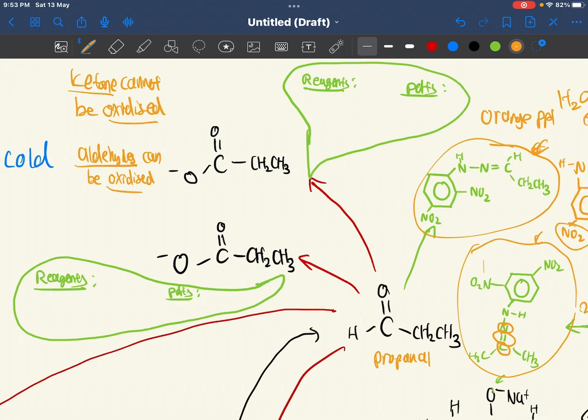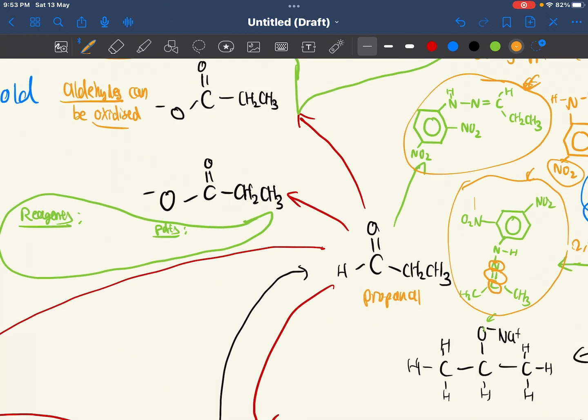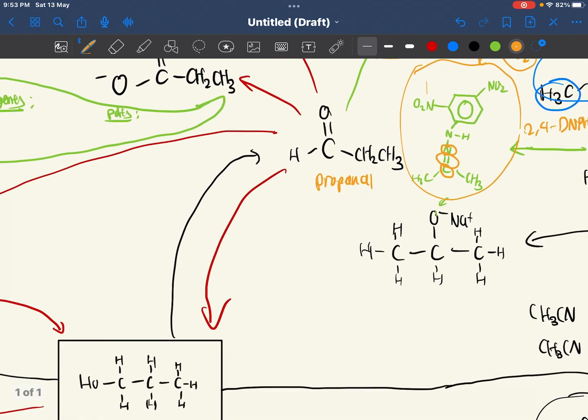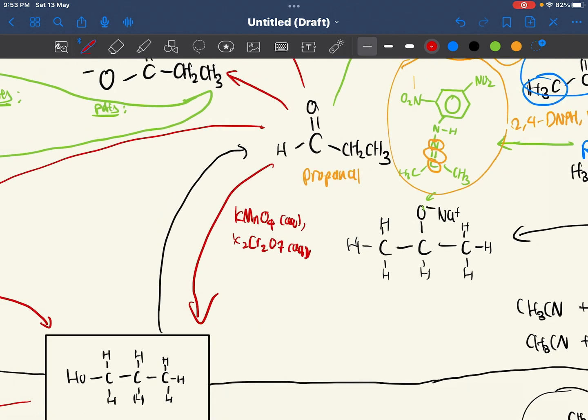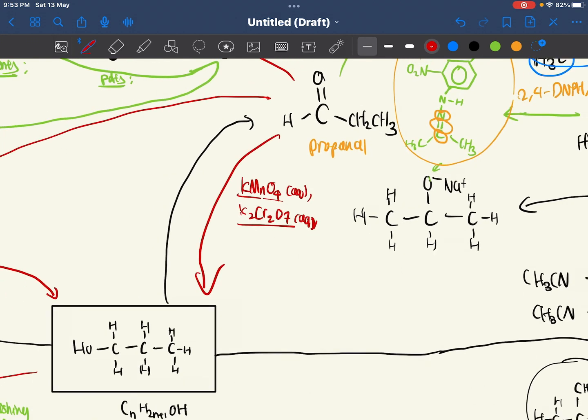So what are the various oxidation reactions actually? The first oxidation reaction is quite commonly known. It's just your typical oxidation reaction. You can use KMnO4 or potassium dichromate, so we can use both types of oxidizing agent to form the products that we want.